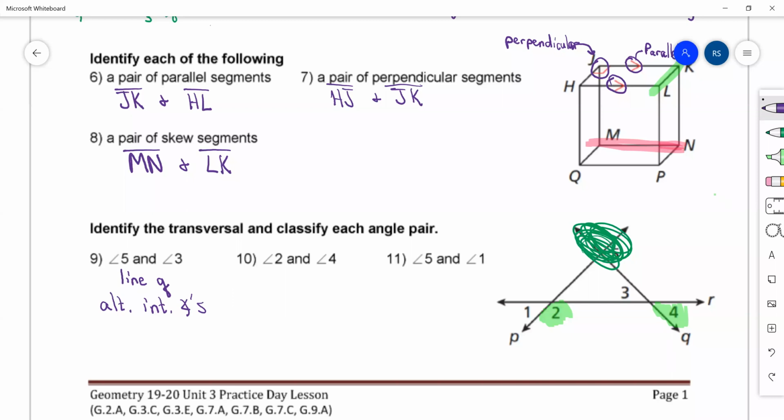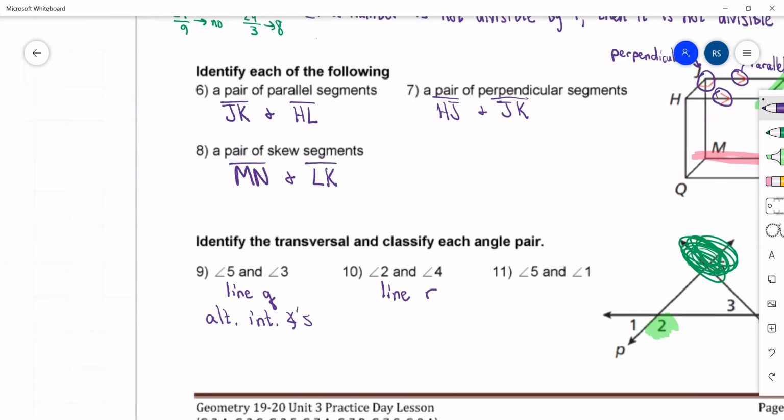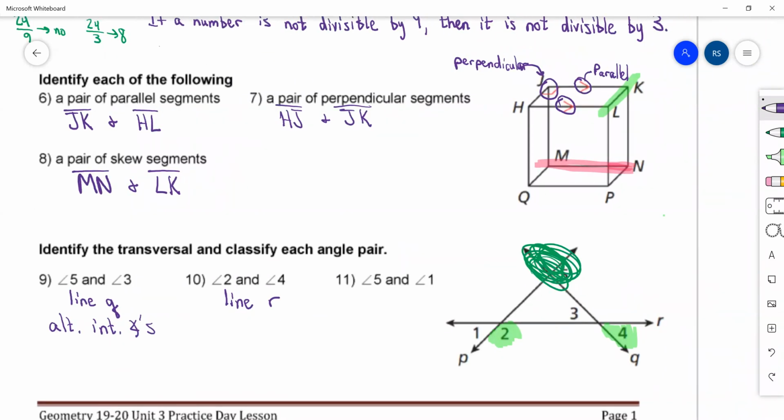Line R. What relationship do 2 and 4 have? They're on the same side of the transversal, but are they both inside the two lines? No, so we can't say same side interior. Our only other option, since they're on the same side, is corresponding.